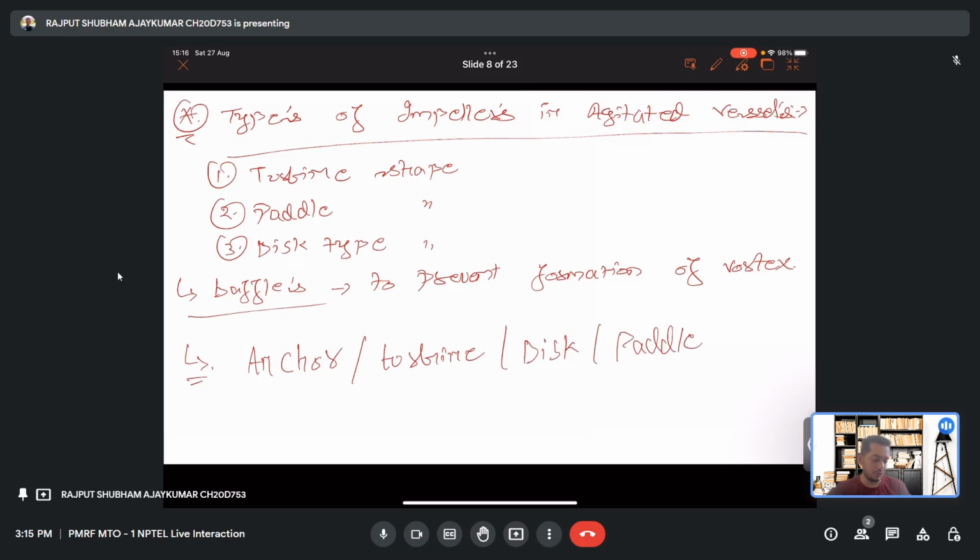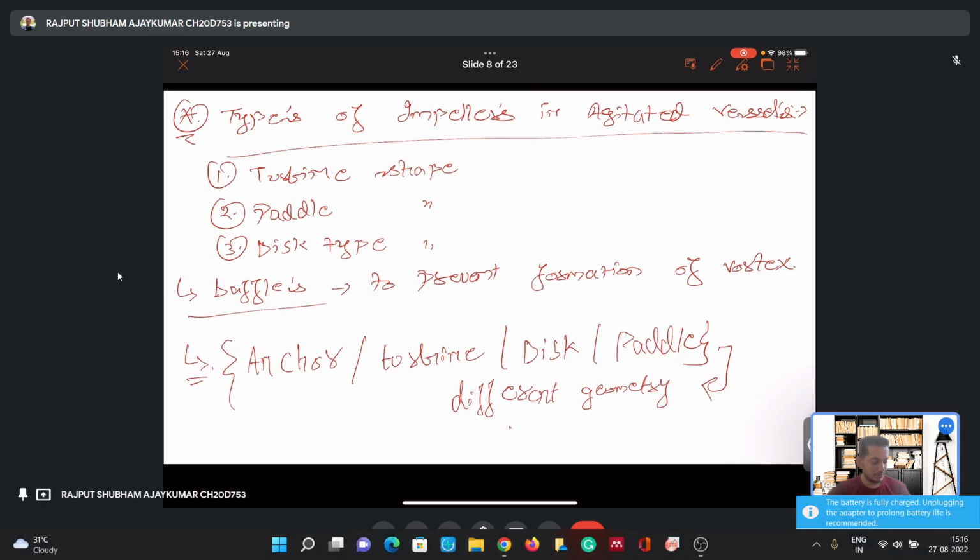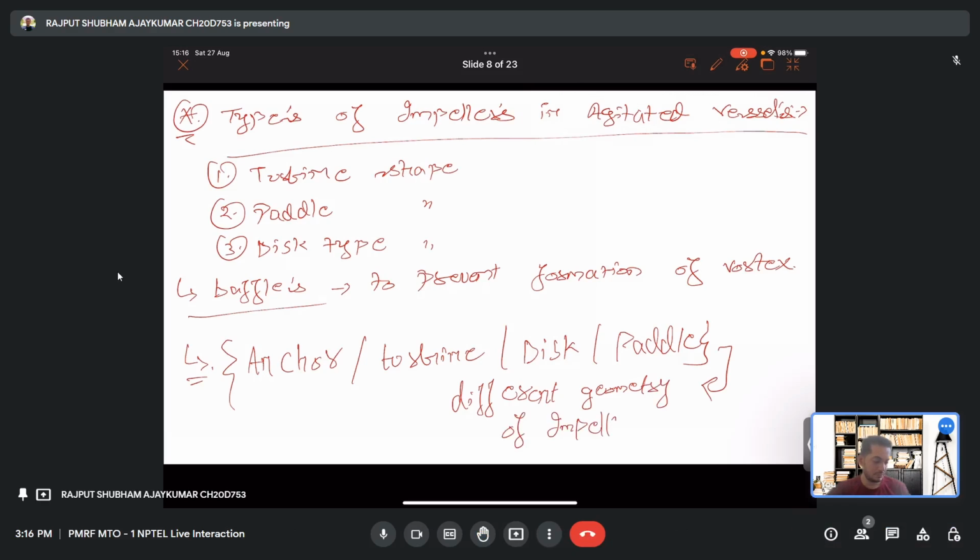All these impellers will have different geometry.